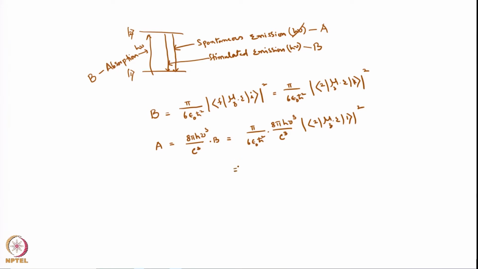This is nothing but 2 pi mu cube divided by 3 epsilon naught h bar c cube, modulus of the mu z electric field vector integral, whole square. So this is A. We also said that both A and B are proportional to this transition dipole.